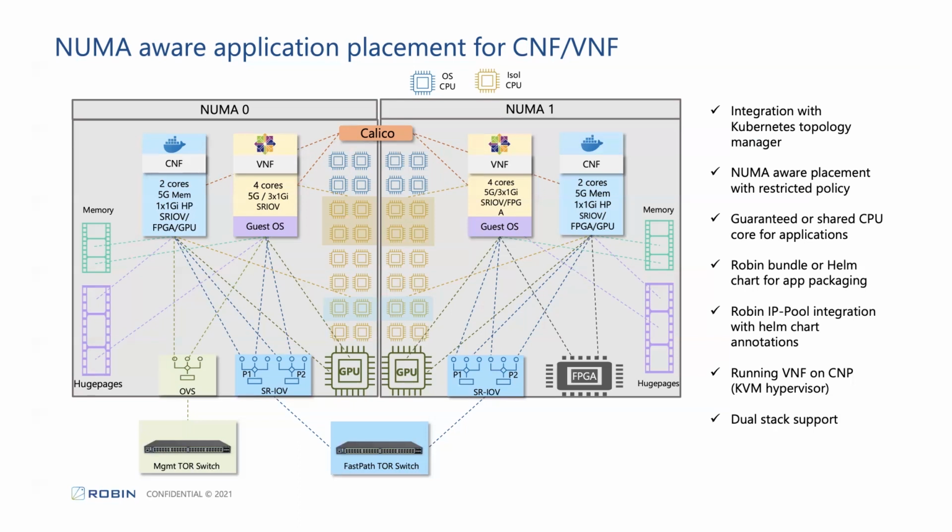But the management would still look like a Kubernetes control plane, where you would see a pod running and you would be able to do all the lifecycle management, just like Kubernetes manages and Robin application management. Also, we can do dual stack support for the applications, like I already mentioned in the previous slide.